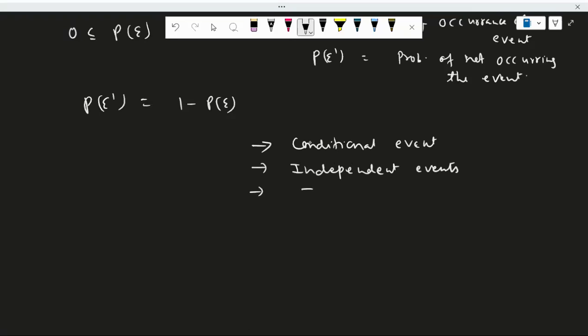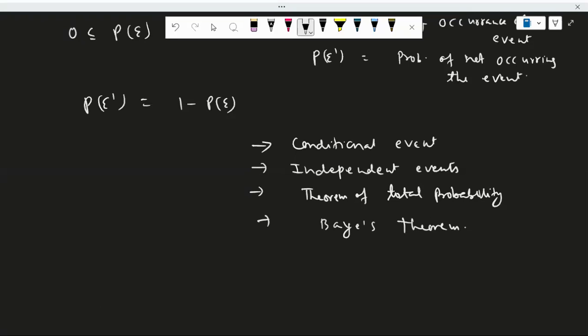And before that, the theorem of total probability also. These are in your syllabus.